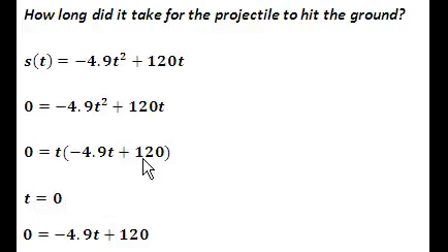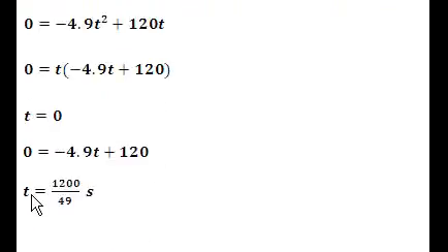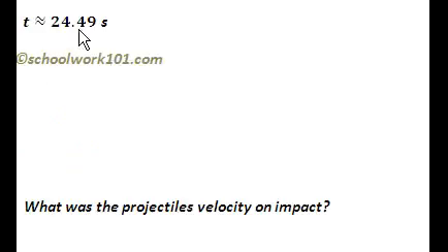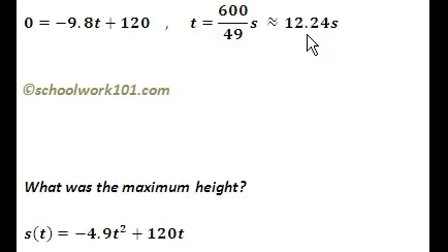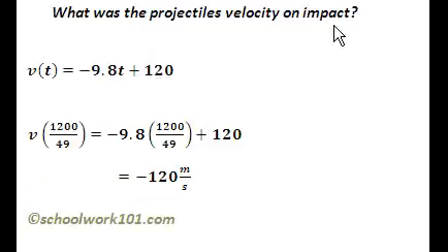And then, of course, we set this other factor equal to 0. And t was approximately 24.49 seconds. Now, this is how long it took to reach maximum height. Multiply that by 2, and that would be the overall time. What's the projectile's velocity upon impact?